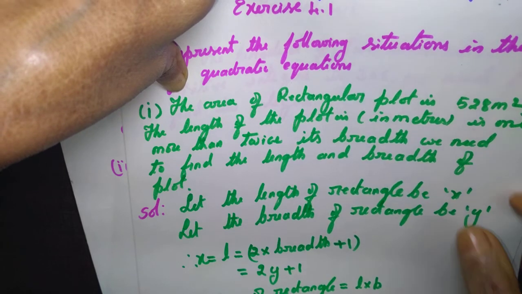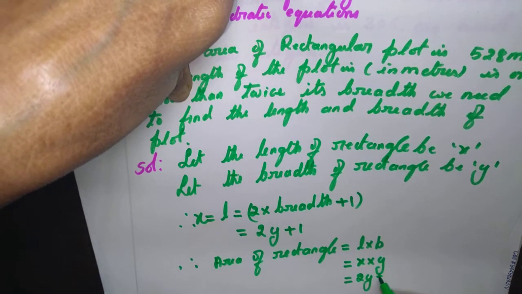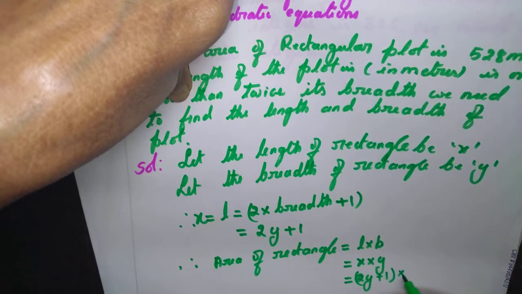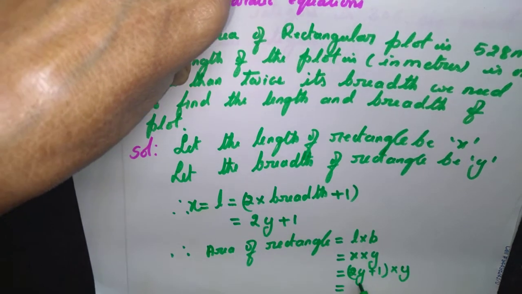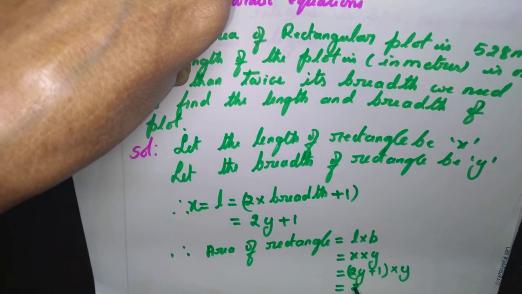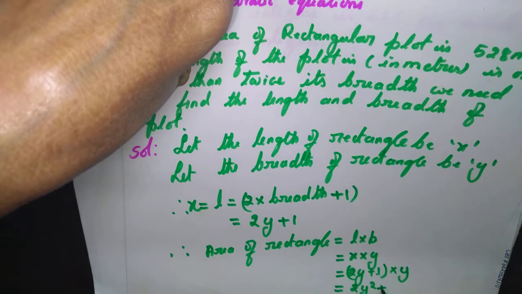Here x is 2y plus 1, and breadth is y here. Then multiply these two, what will you get here? 2y into y is 2y square, y into 1 is plus y.